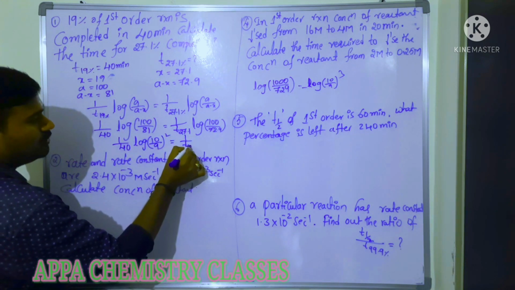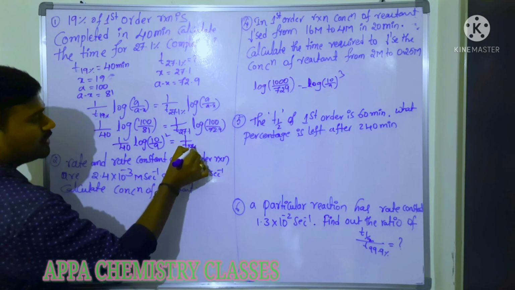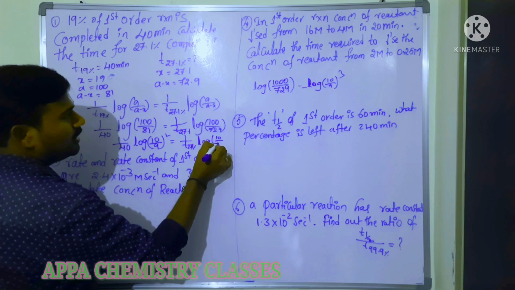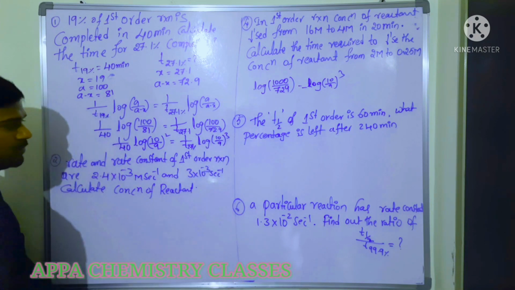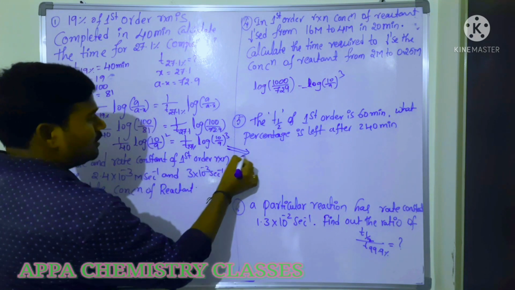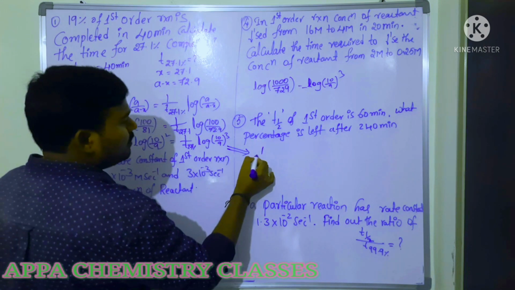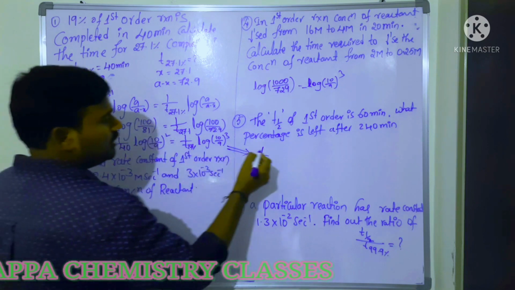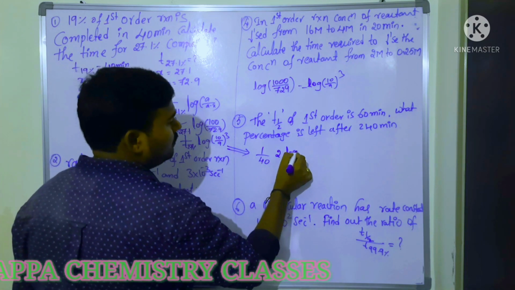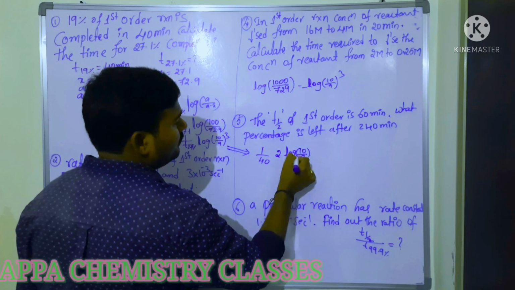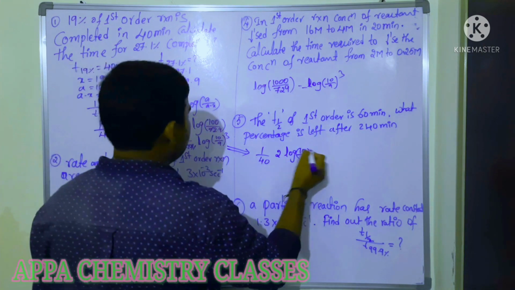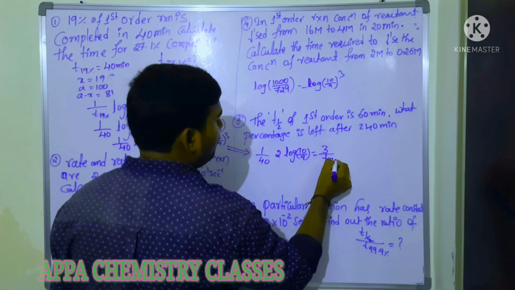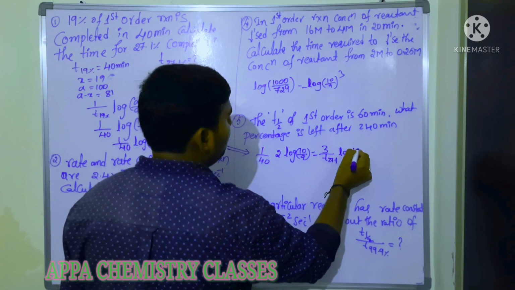So here I can write 1 by 40 log of 10 by 9 whole square is equal to 1 by t 27.1% log of 10 by 9 whole cube. Now the calculation part. Log of x power n is n into log x, so 2 into log of 10 by 9 is equal to 3 by t 27.1% into log of 10 by 9.